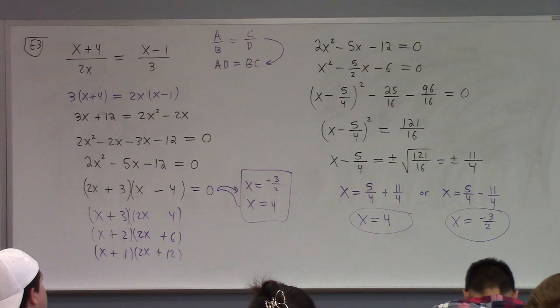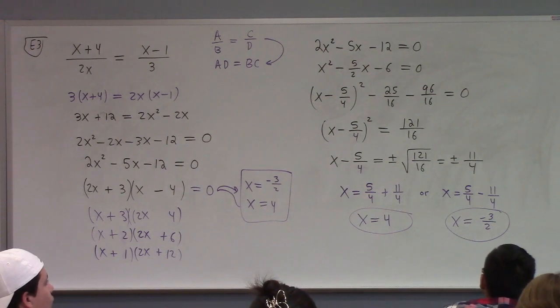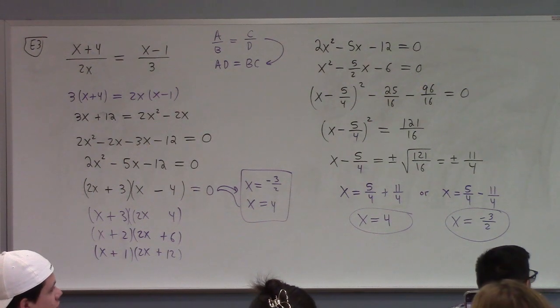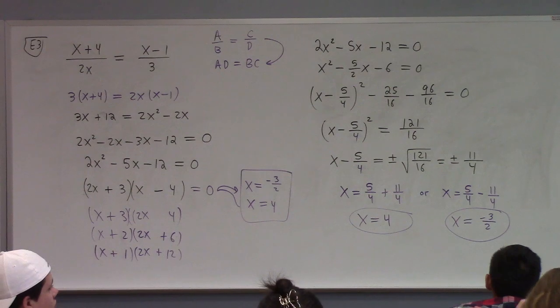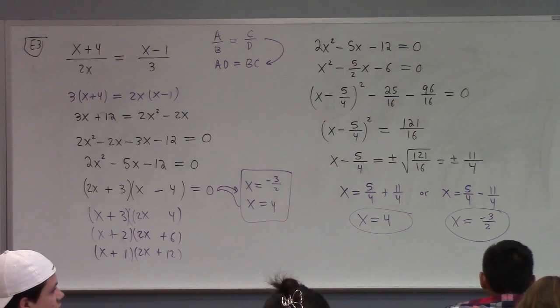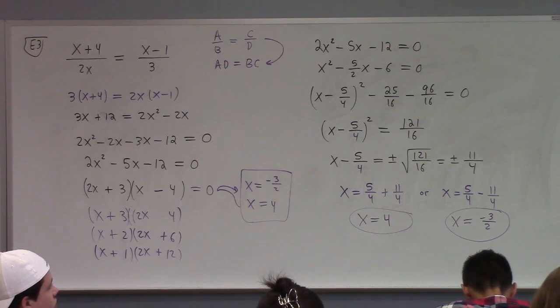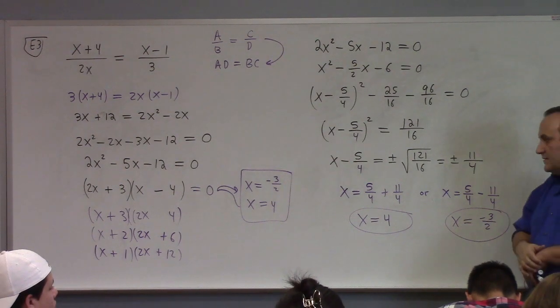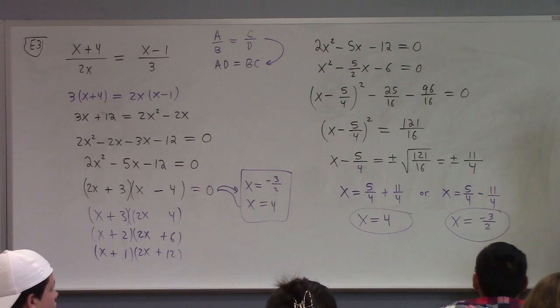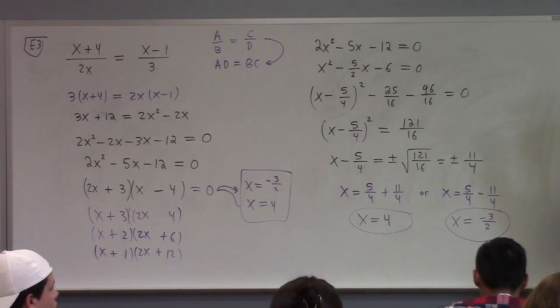Does anyone have another way you would have solved this equation besides the lucky factoring? Obviously lucky factoring is the easiest. Completing the square is a little bit intense. Can we do the quadratic formula? You could do the quadratic formula if you did it correctly. You could even, if you have the right calculator, use a quadratic formula solver.